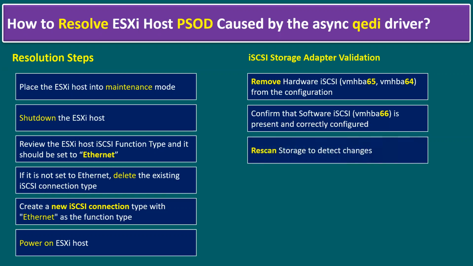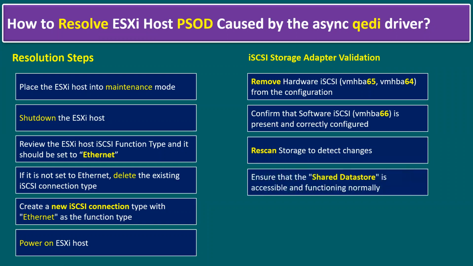And another step is, once we validated only software iSCSI is available, we still recommend performing a rescan of the storage to detect the changes. Once the rescan is completed, ensure that the shared datastore is accessible and functioning normally. So these are the 4 steps we are going to verify now.